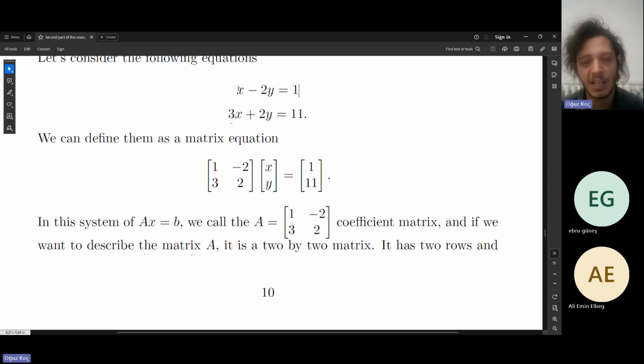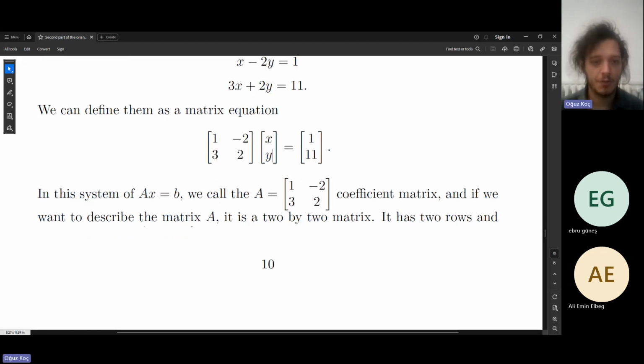The coefficient of x here is 1, and the coefficient of y is -2 in the first equation, and in the second equation they are 3 and 2. So we have the two variables, x and y, therefore we multiply by x and y. This is the variable matrix here, and it is equal to 1 and 11 here.